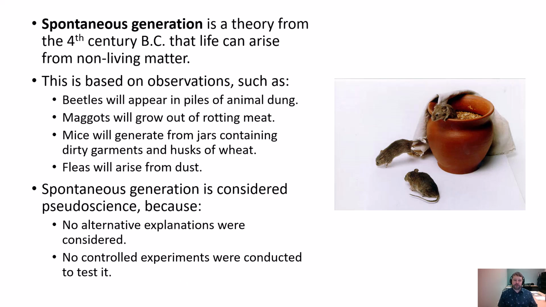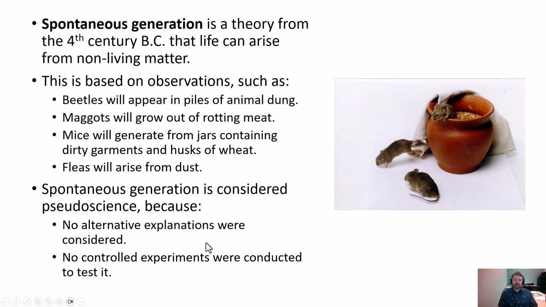They'd put meat inside of a closed jar that's capped off, and if you did so, no maggots formed on it. They started sealing the jar so it was airtight, and what do you know, no mice generated in it.